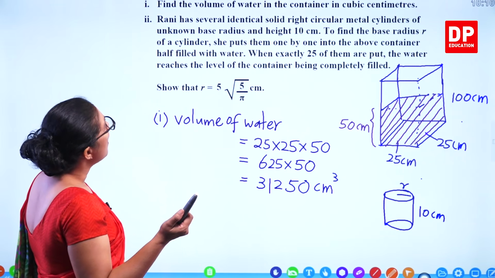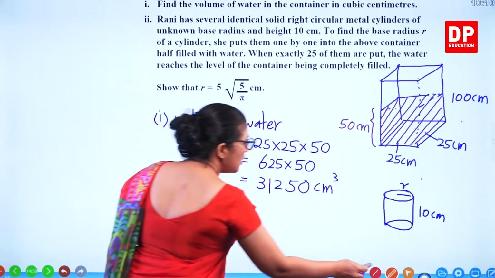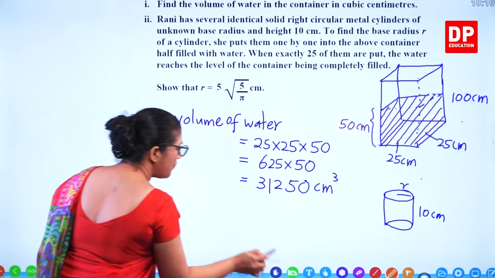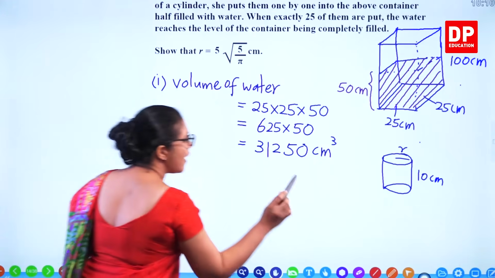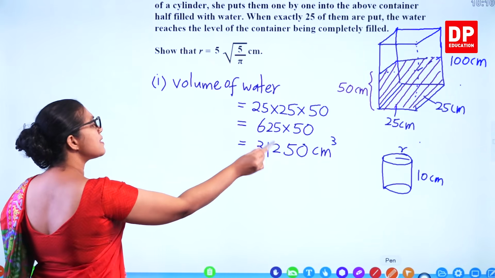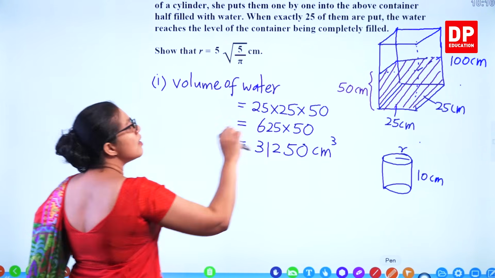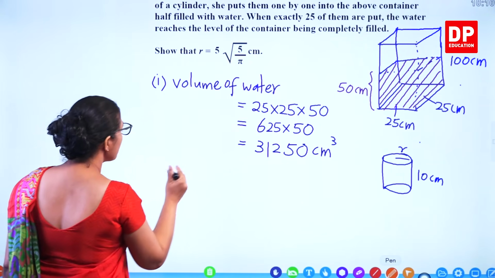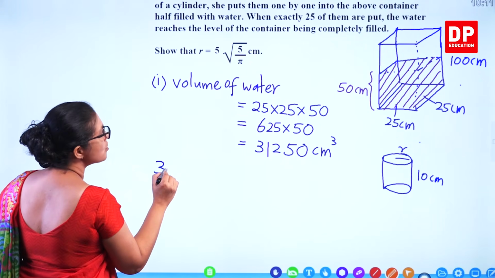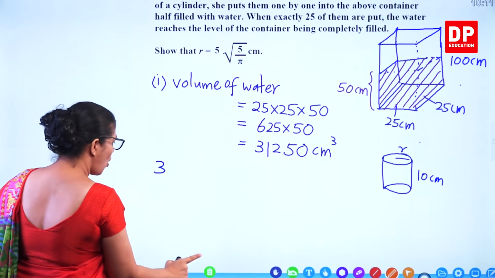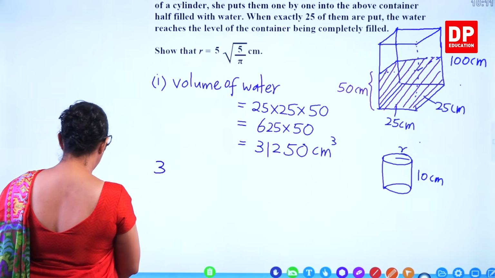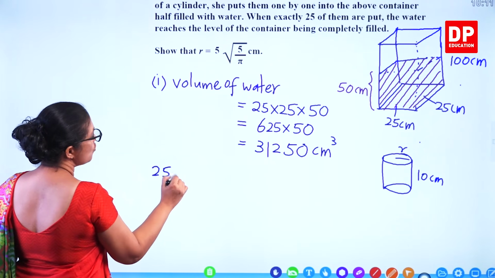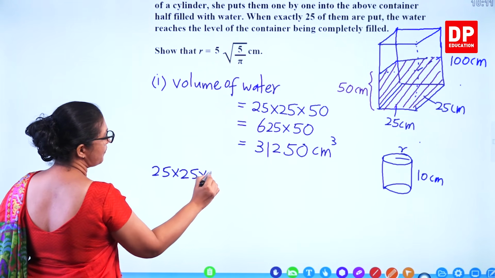So we can find out r using that equation. So what is the equation? Volume of empty space. That means the same thing because half of the cuboid is filled with water. So 31,250, or I can write without simplifying, 25 times 25 times 50.